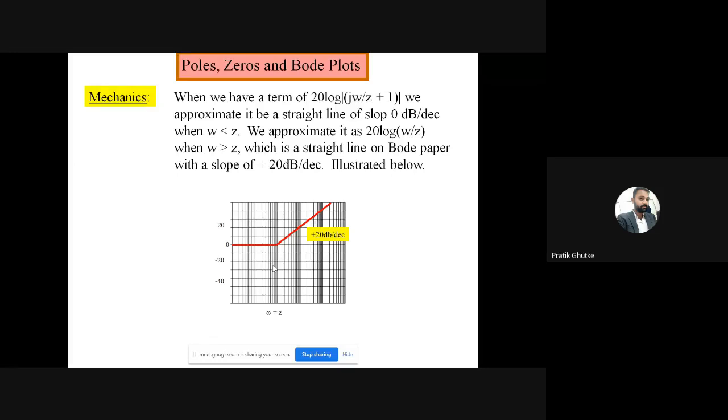So if a zero exists in your system, then my slope will go in the upward direction, as shown in the figure, with plus 20 dB per decade. If there would be two zeros, then plus 20 and again plus 20 means plus 40 dB. Are you understanding?